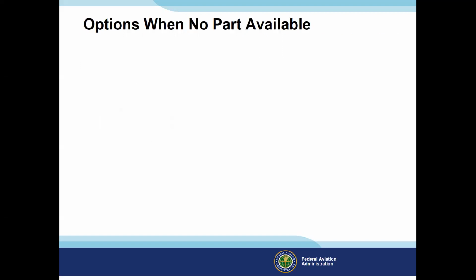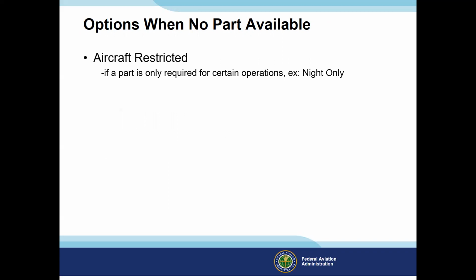So what are the options when no parts are available? Unfortunately, there's not a lot of options available. An aircraft could just be restricted if the part is only required for certain operations.